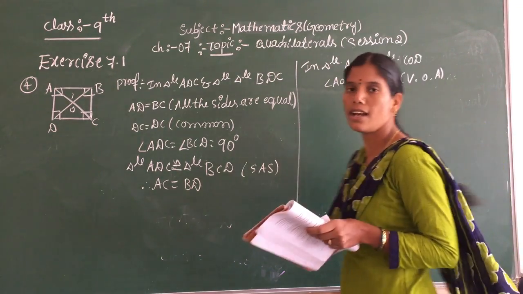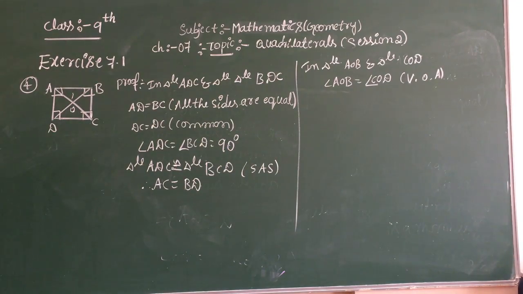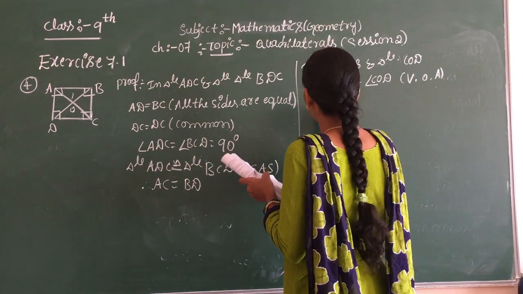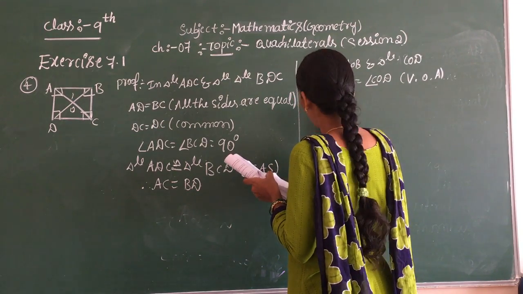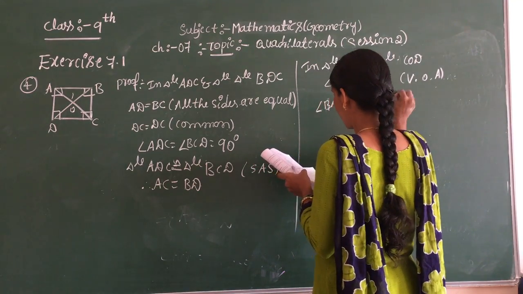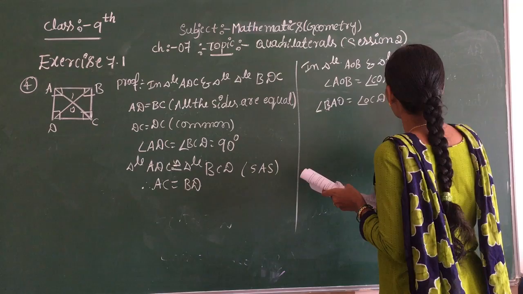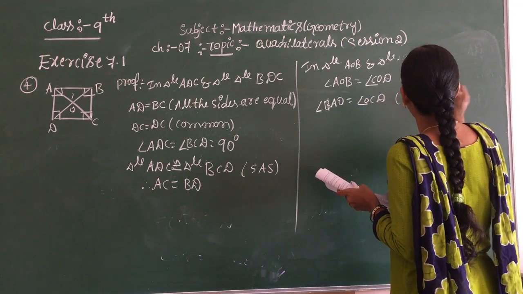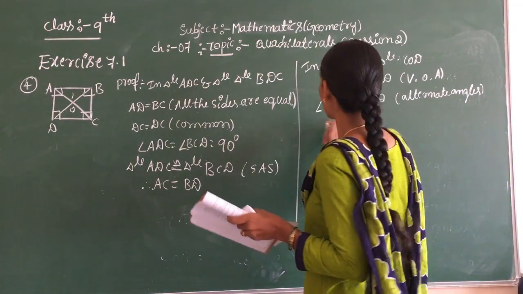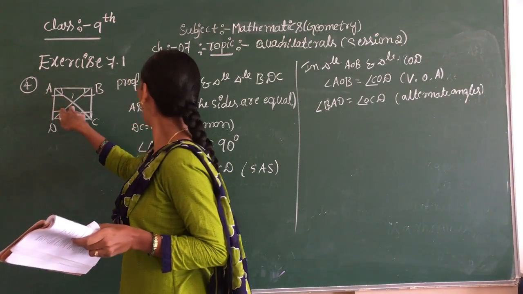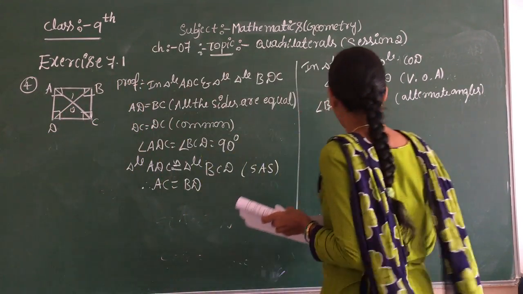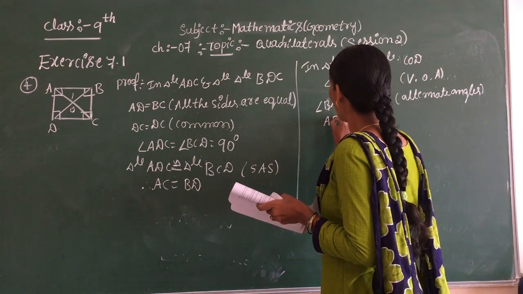Okay, vertically opposite angles. Now next we should compare the angle BAO is equal to OCD. This is alternate angles. Next, AB is equal to, where is that? BAO is equal to OCD, alternate angles. Next, AB is equal to DC.